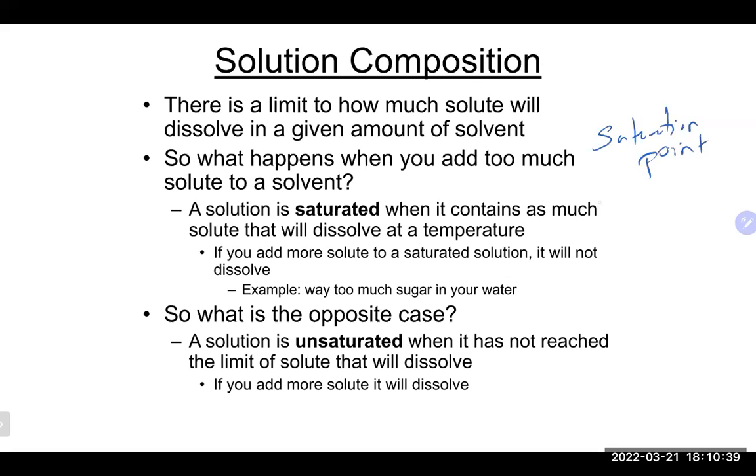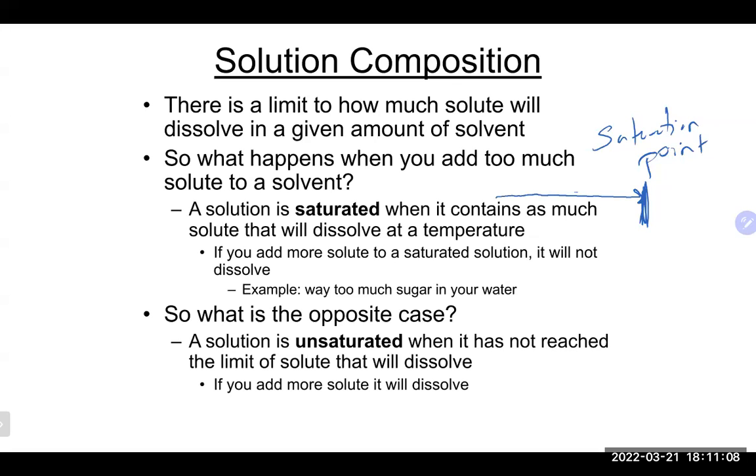I'm dissolving, everything's going to dissolve, and boom, I hit the point where I've reached the maximum amount that I could get to dissolve in that solvent like water. And that means that if you hit a saturated solution and you continue to take more solid and want to dissolve it, it will no longer dissolve. So you'll get that piling up of the solid at that point.